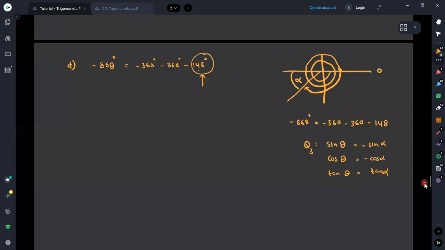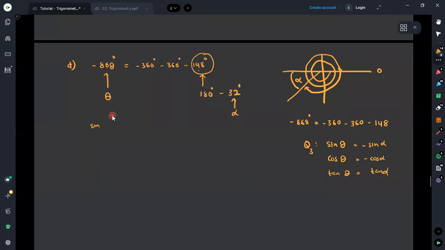So 148 is simply 180 minus 32 degrees. This would be the angle alpha we are taking, and this would be the angle theta. Therefore, using the quadrant rule, we can find the values.